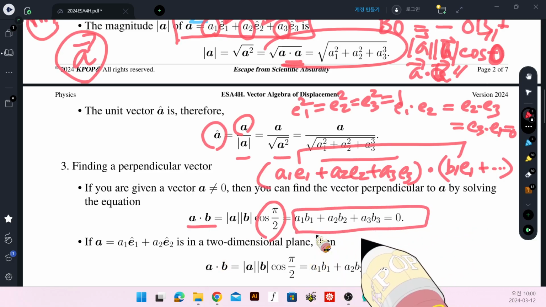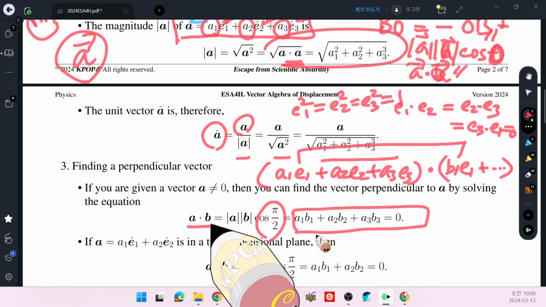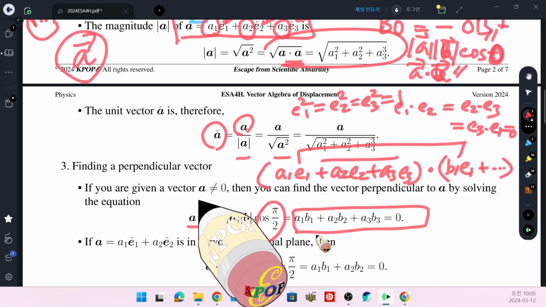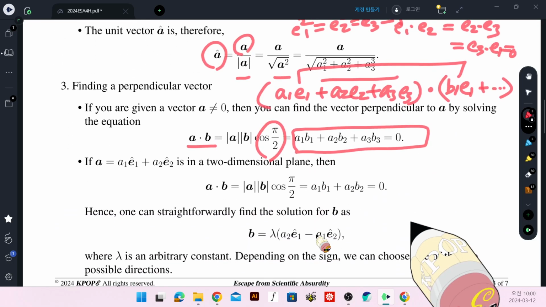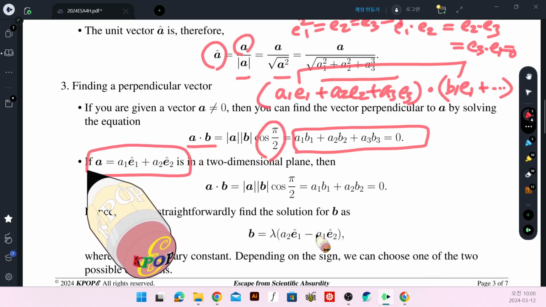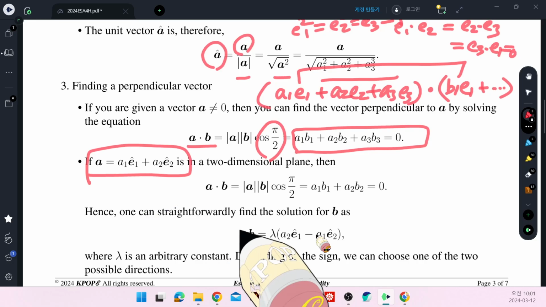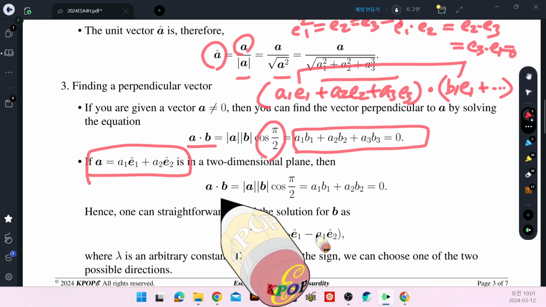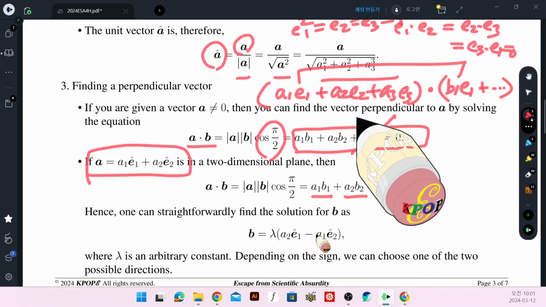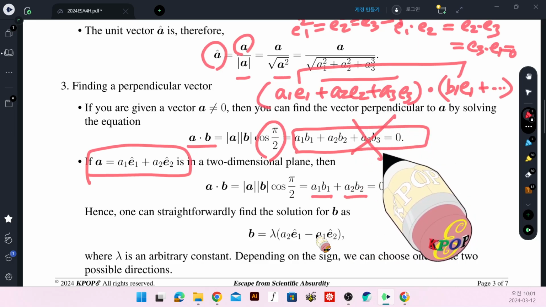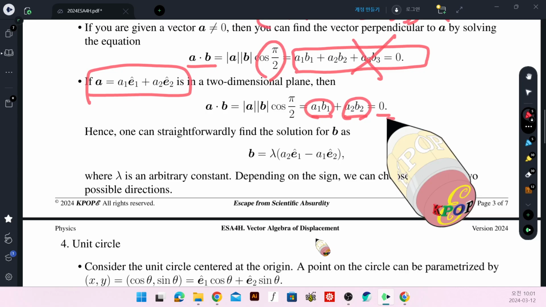So the Cartesian components of vector B that is perpendicular to the vector A must satisfy this equation. If we restrict ourselves to a plane that has only two basis vectors, then it becomes quite simple. This third contribution vanishes, and the sum of these products should be 0.